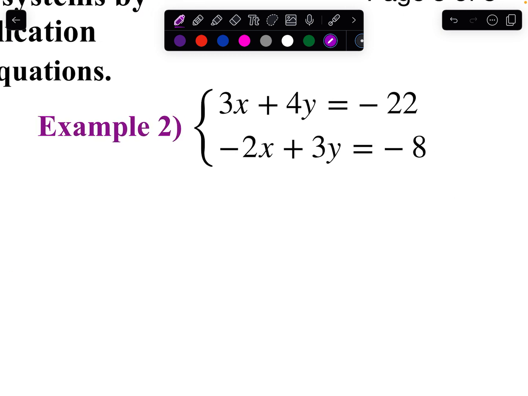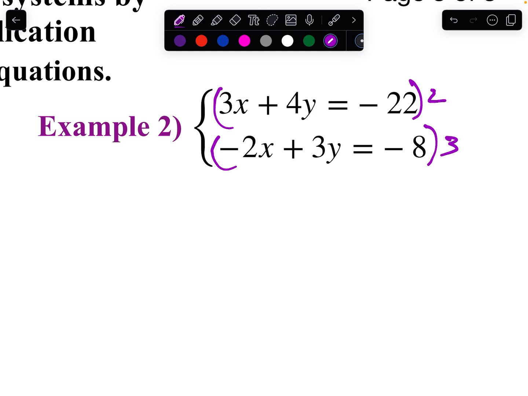On this one, I notice my x's are opposite signs. So I think I'll get rid of that. The least common multiple of 3 and 2 is 6. So I multiply the first equation by 2, that gives me 6. And my second equation by 3, that gives me negative 6. So let's go through that.